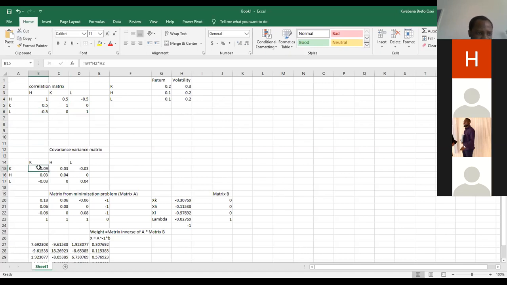Now let's come to this part. Now we are saying that this is the same as the variance of K. Let me make A equal to H, K, and L. So variance of H is this times variance of H is this.